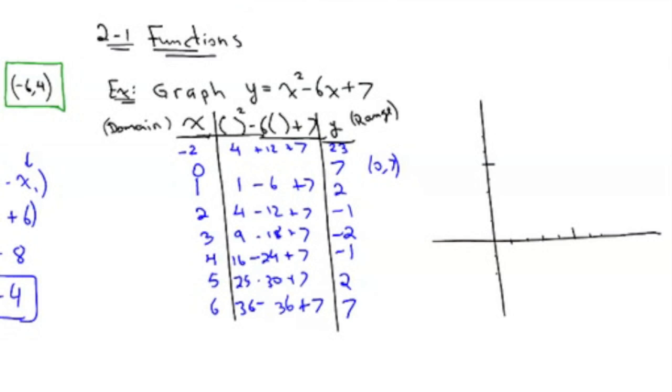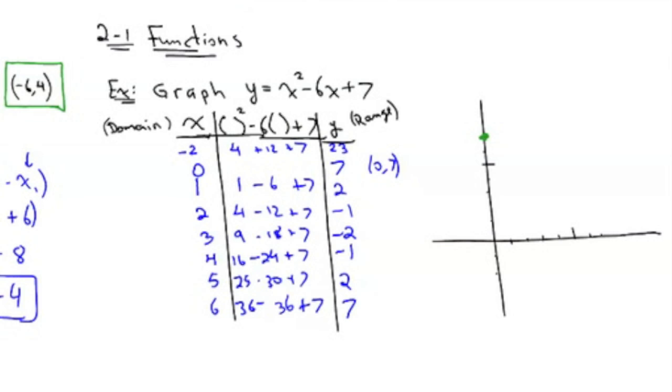So start off with the first point that we can plot, 0, 7, which is right here. So 0, 7. Next point is 1, 2.